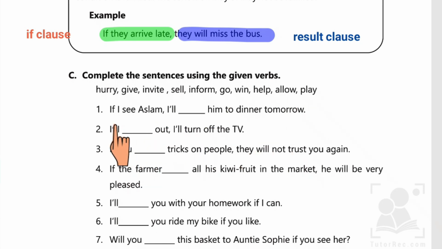Okay, let's start. Sentence 1 says, if I see Aslam, I will invite him to dinner tomorrow.